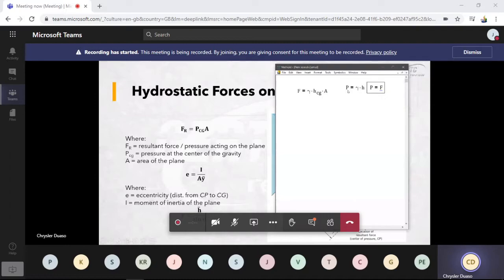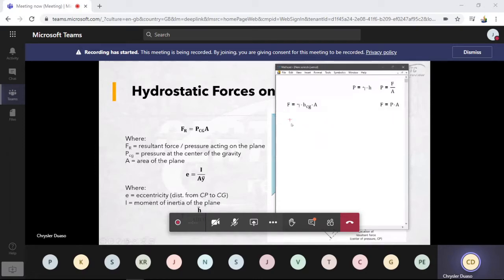Take note that this particular formula, rearranged, says that force is equivalent to pressure times the area.